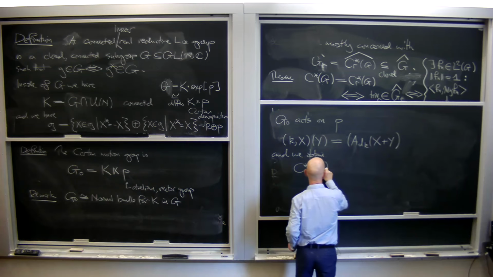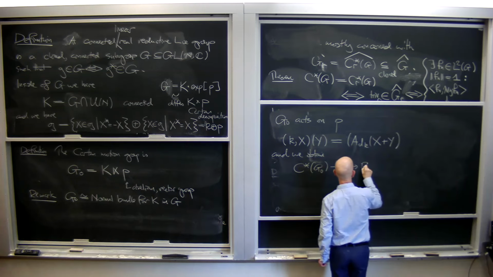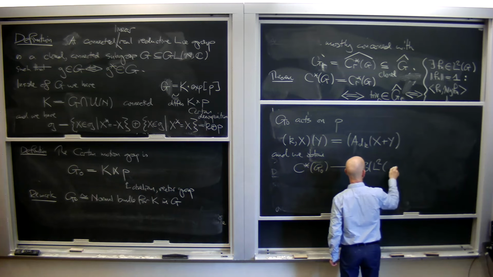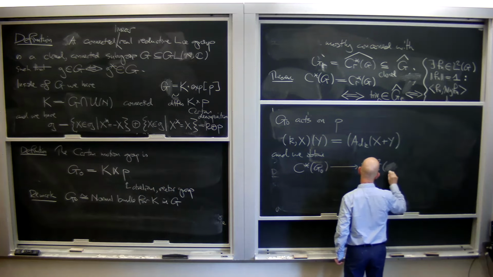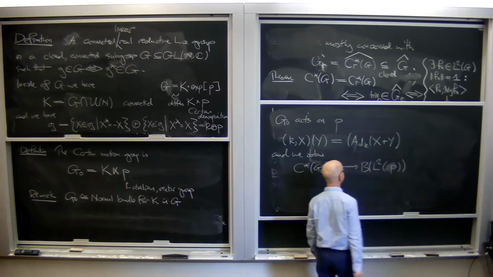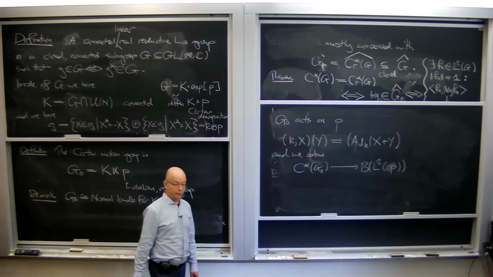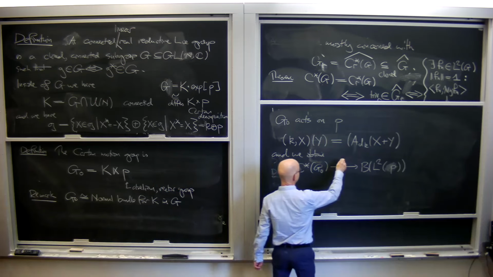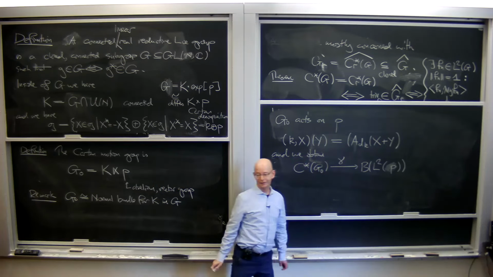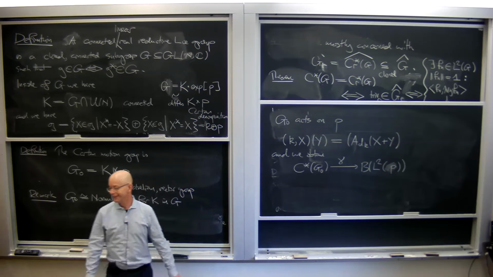And so there's associated to that a representation on P. What should we call this? Gamma, for Cartan.